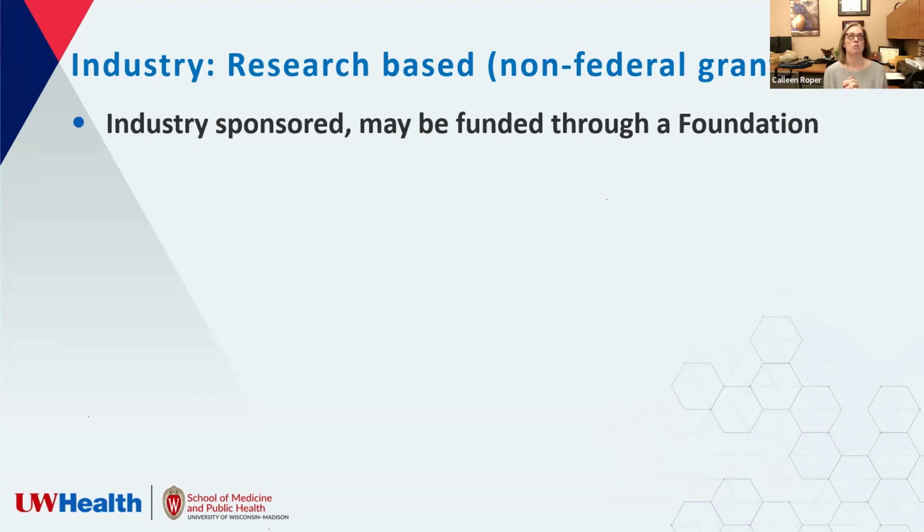So let's say Pfizer is giving money to the Bill and Melinda Gates Foundation to fund a research study on heart arrhythmias. The Bill and Melinda Gates Foundation may have an indirect policy of 10%.